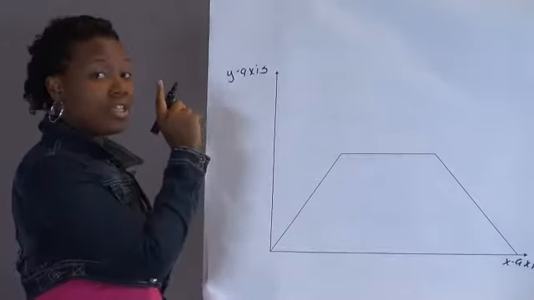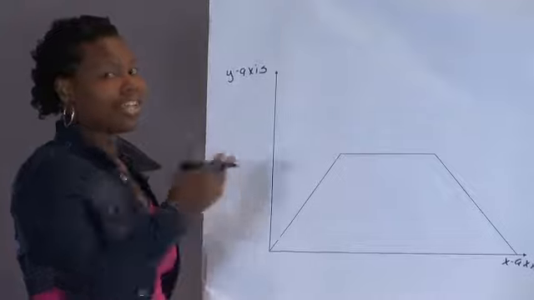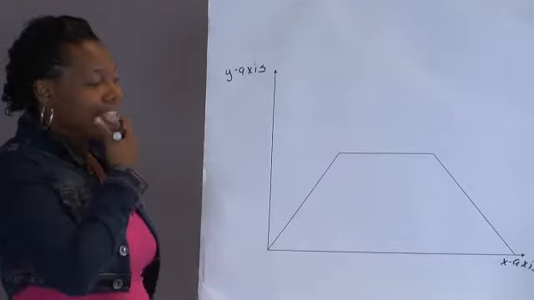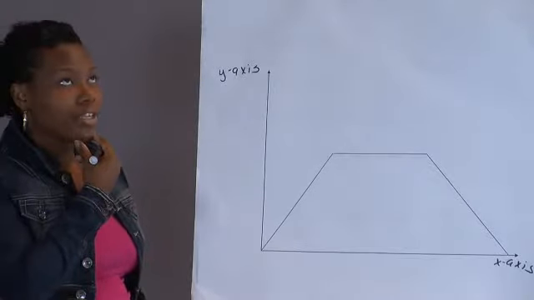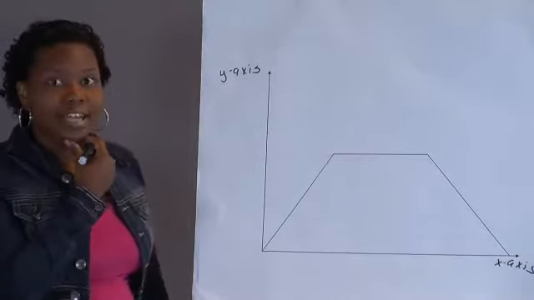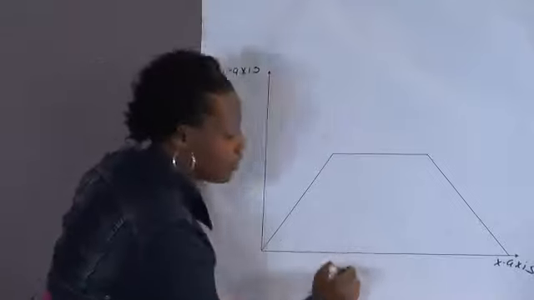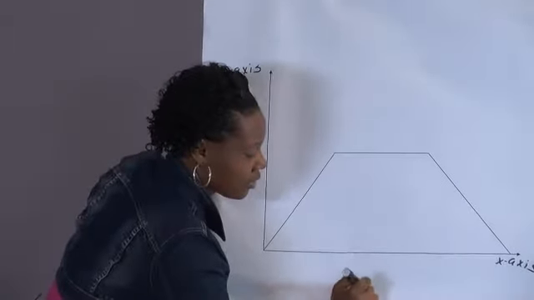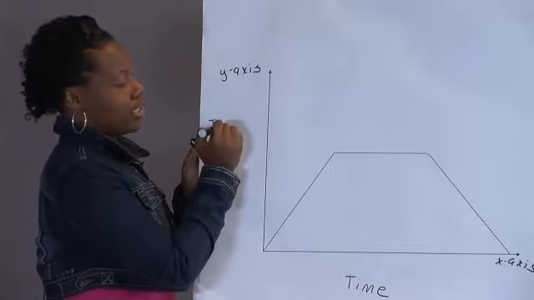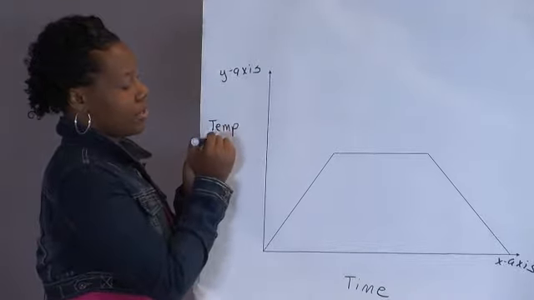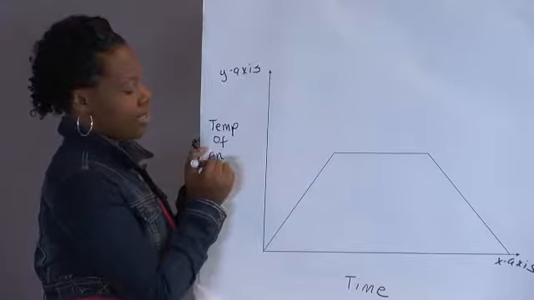Anything that's dependent will go on the y-axis. Here's what I want to compare. Let's say this graph is comparing time and the temperature of an oven. I'm going to put time down here, and then I'm going to shorthand temp of an oven.